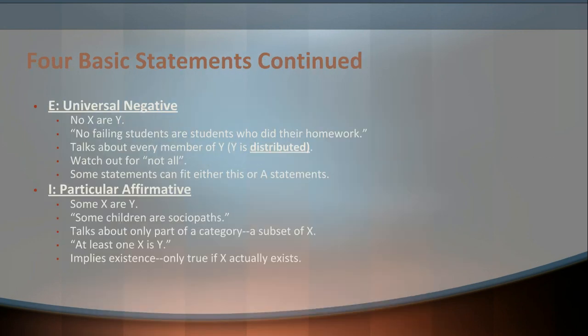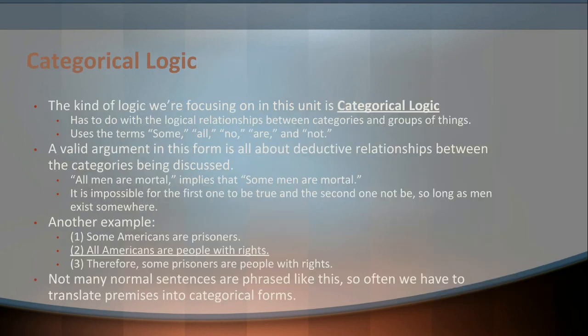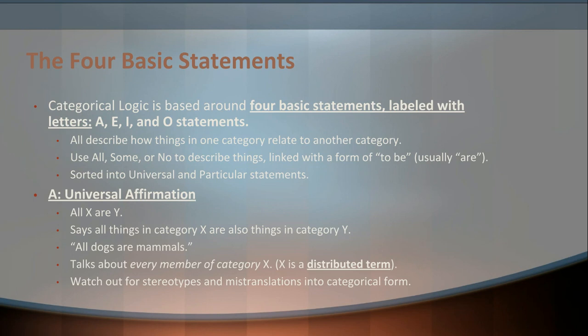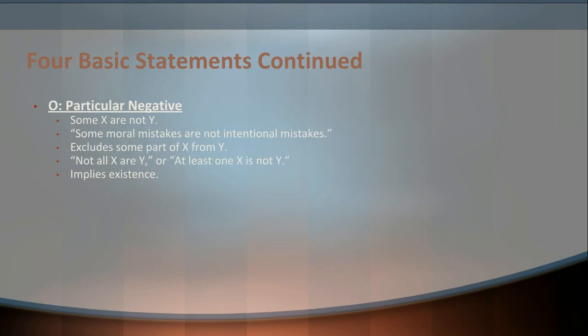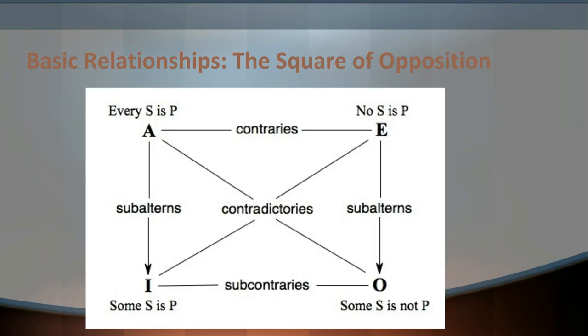So what we've done so far is we've looked at the basics of categorical logic and what it is. It's relationships between categories of things, or the concepts of categories of things. Categorical logic is built around four different basic statements: A, E, I, and O statements. These statements have a few basic relationships to each other.